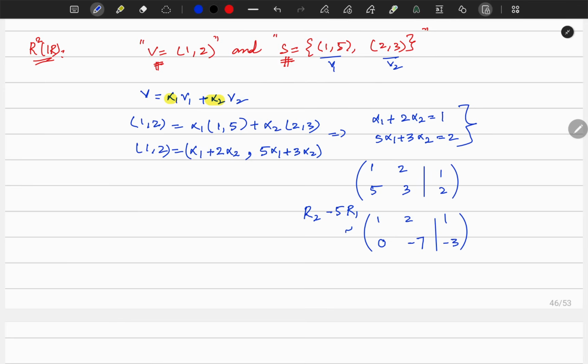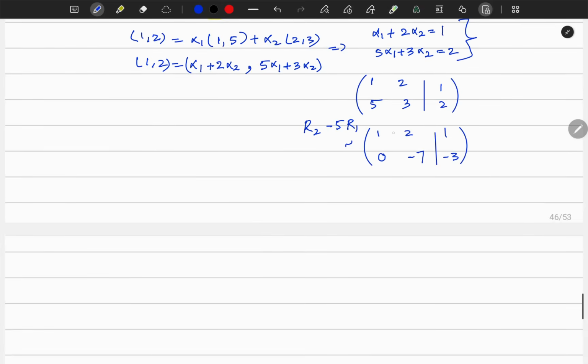So it means that you have the rank of this A is 2 and the augmented matrix is 2, so you have the unique solution. So it means that you have 1 alpha 1 from this row, plus 2 alpha 2 is equal to 1, and you have minus 7 alpha 2 is equal to minus 3.